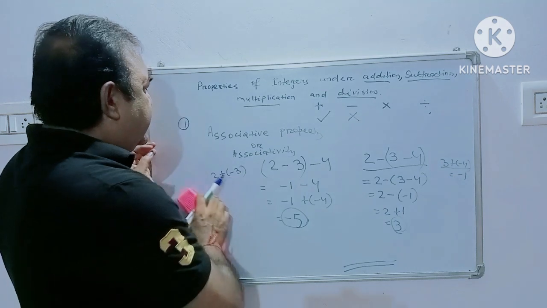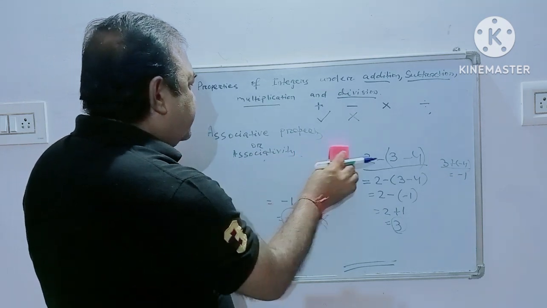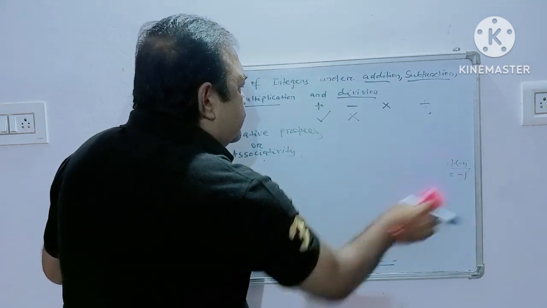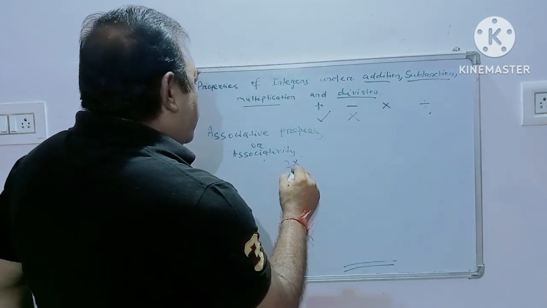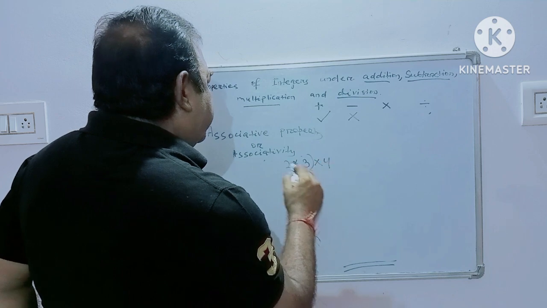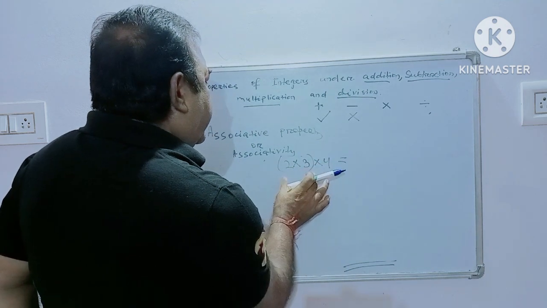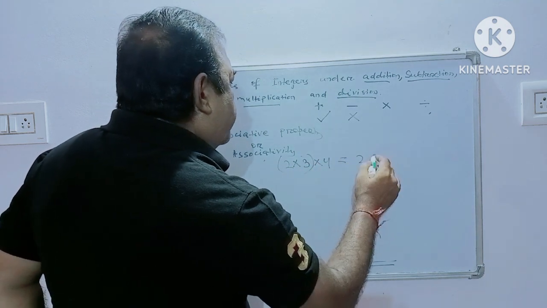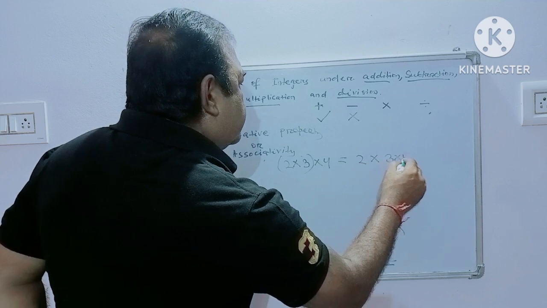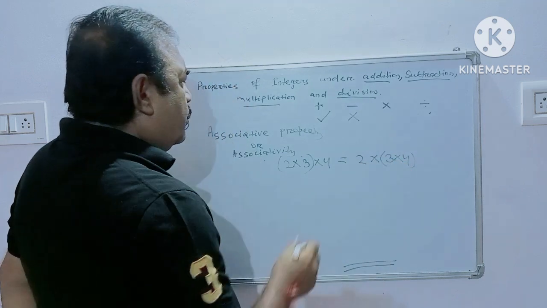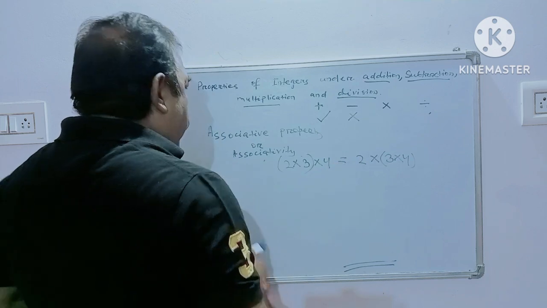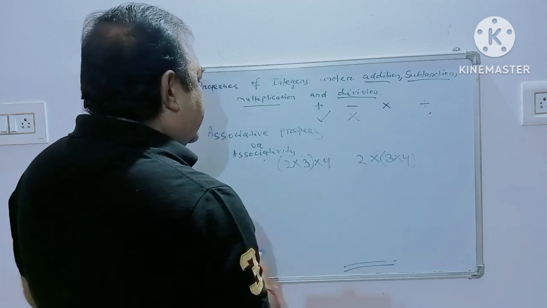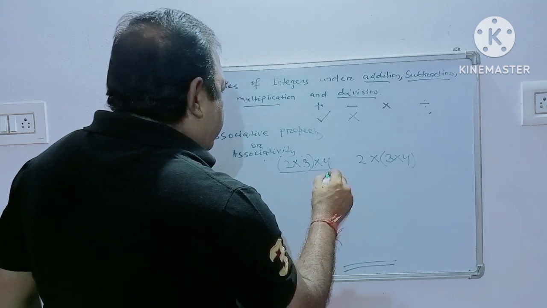I just erase it. Two into 3 into 4. You give a bracket here. Then you change the grouping of numbers like this. Whether you will see whether it is equal or not. I am not giving the equality sign here, just to see what is the value.